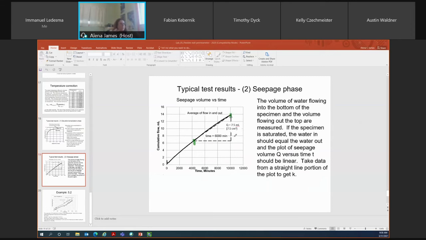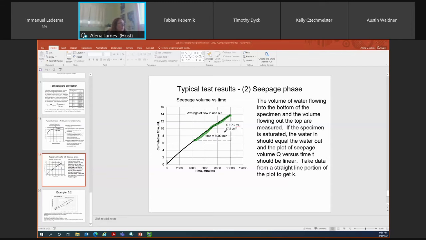This is my linear portion of the line. The change in time over that linear portion of the line is about 6,000 minutes. I can determine that by looking at data point 1 and data point 2 and reading the time from the x-axis.